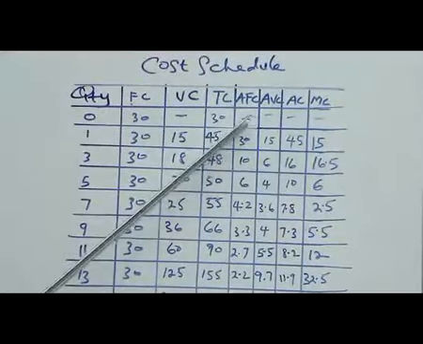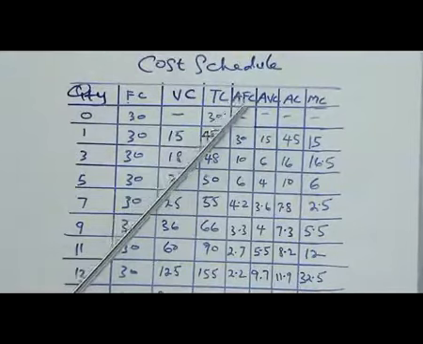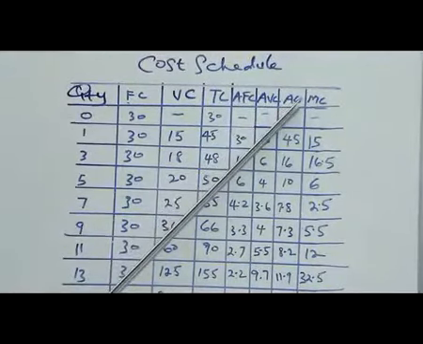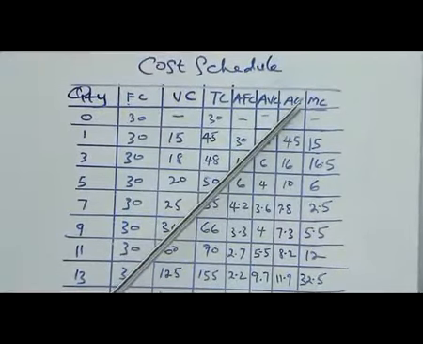Now the next one is average cost. We are talking about the total cost, TC, divided by quantity produced, or the summation of average fixed cost and average variable cost will give us average cost. At times you can call it average total cost, that we call ATC.